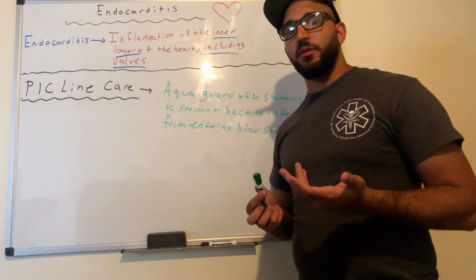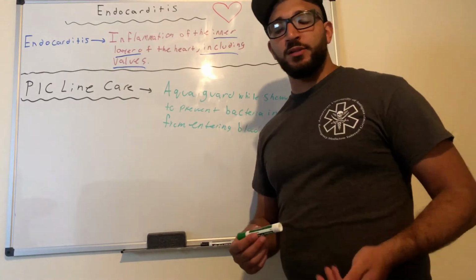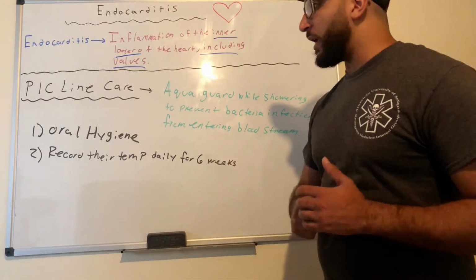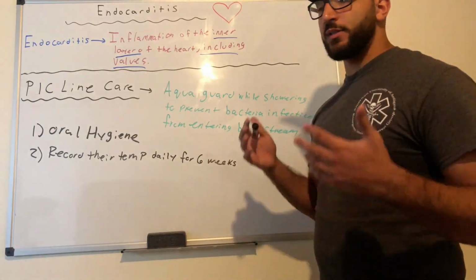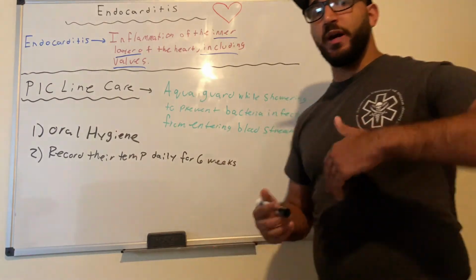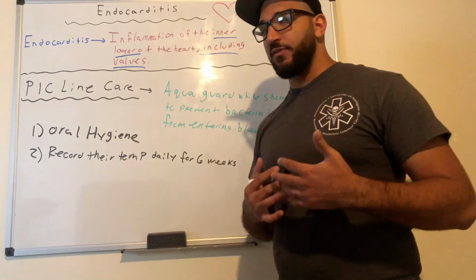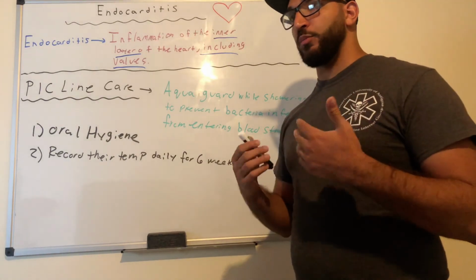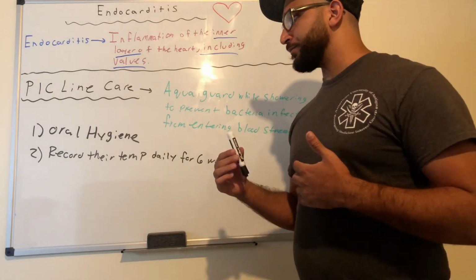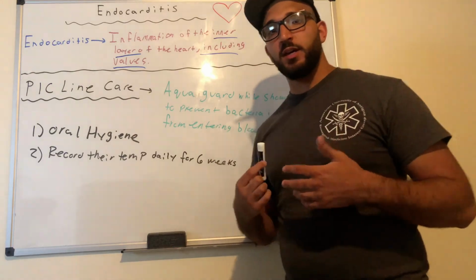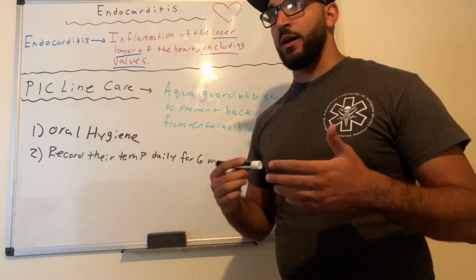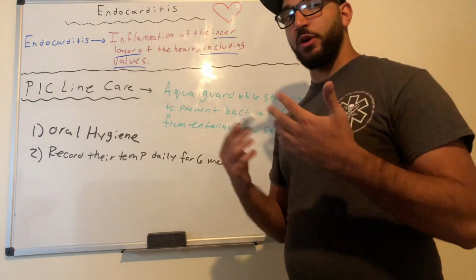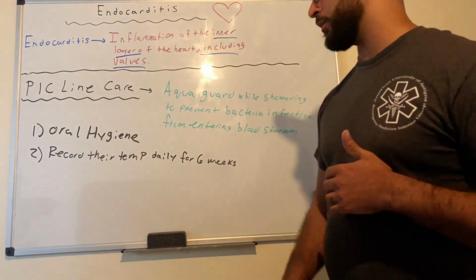Also, oral hygiene is another important teaching for a patient who has endocarditis. Use a soft bristled toothbrush while brushing their teeth. Make sure to brush slowly and brush a few times a day to prevent any bacterial infection from entering the bloodstream.